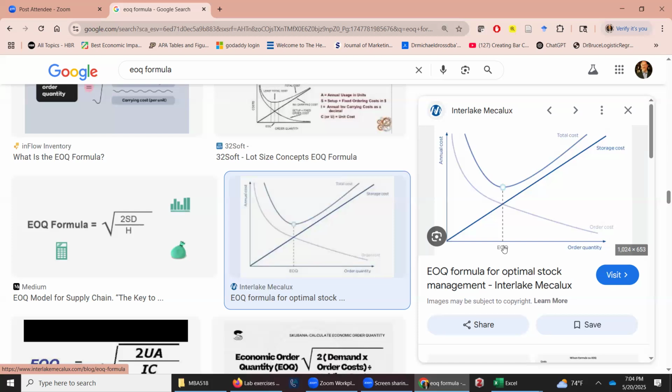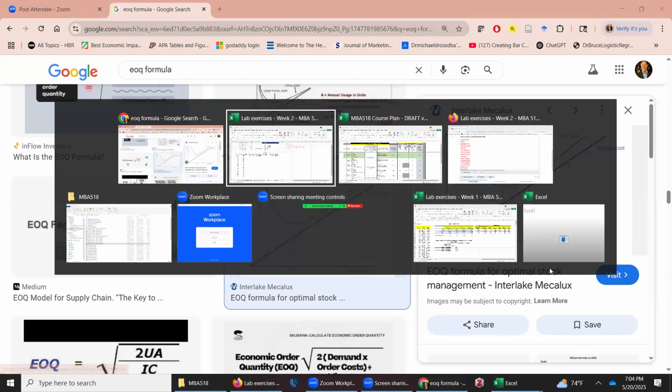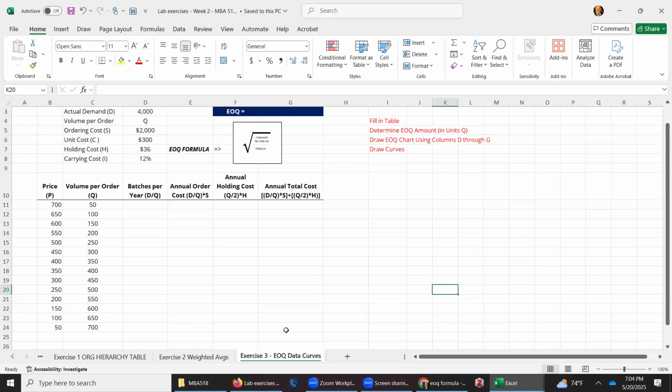It was a long answer to a short question, but hopefully seeing the picture of what an EOQ chart would look like will be helpful. As you fill out this table, you'll start to know, like when you buy a puzzle and somebody throws away the puzzle cover, you've got problems, right? Because I don't know what I'm supposed to be building.